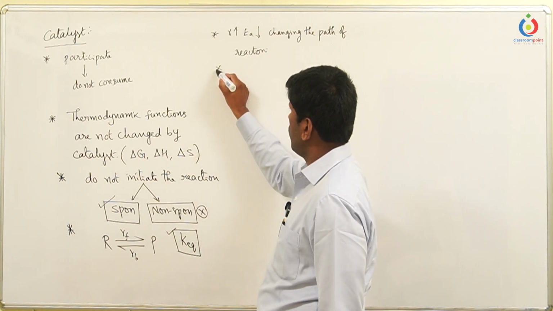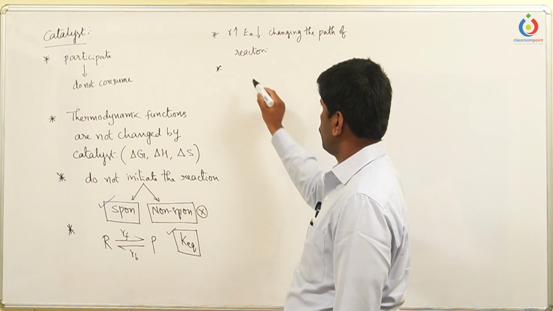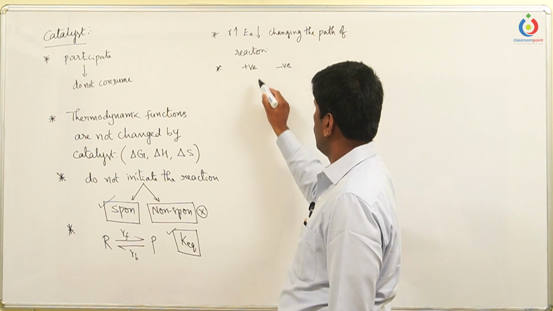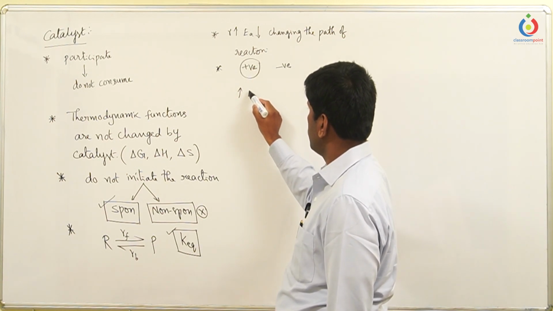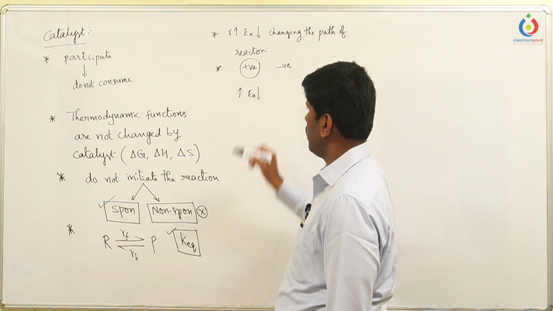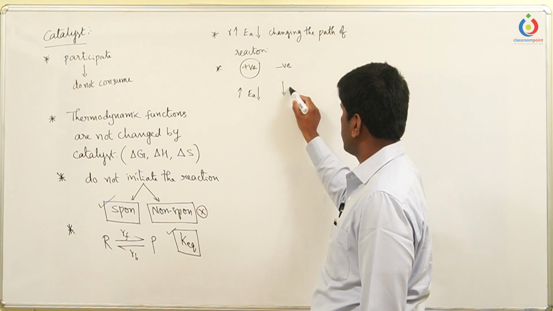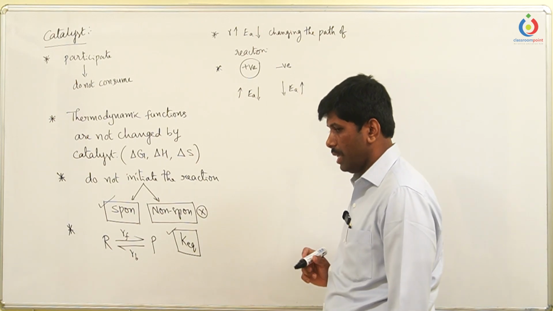Now catalysts can be considered in two categories: positive catalysts and negative catalysts. Positive catalysts increase the rate of reaction by decreasing the activation energy of the reaction, whereas a negative catalyst decreases the rate of reaction by increasing the activation energy of the reaction.